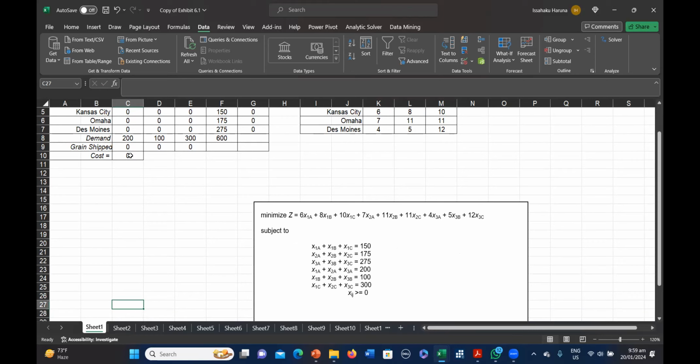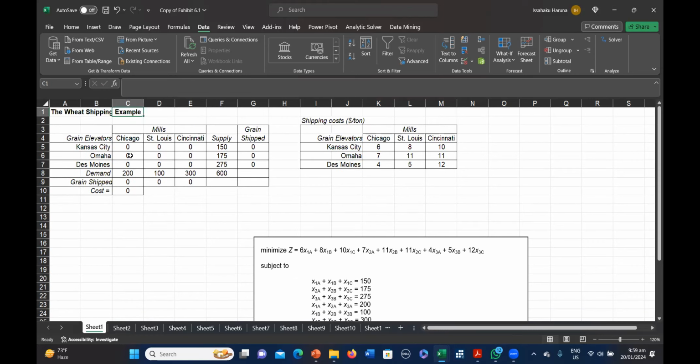Now, those are the constraints that we are faced with. And because it is a balanced model, we are saying that when we sum the decision variables, that's these empty cells, they must exactly be equal to what?